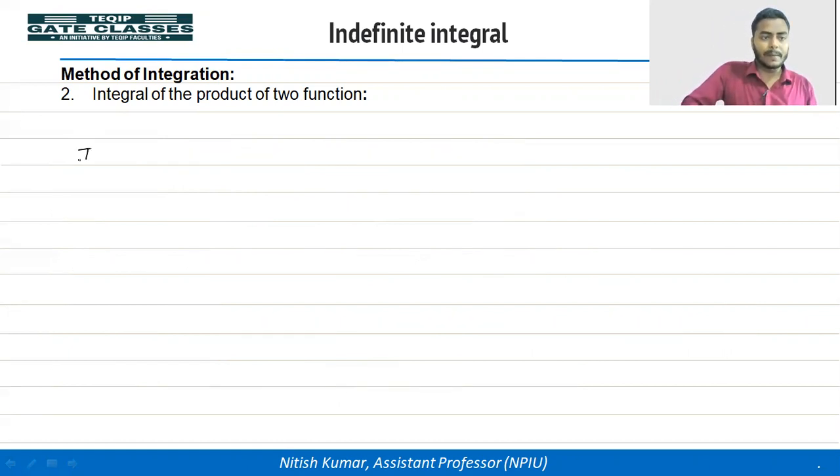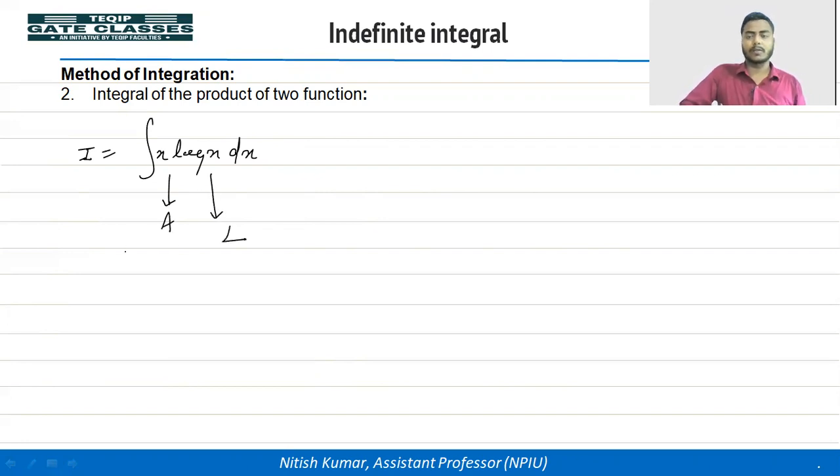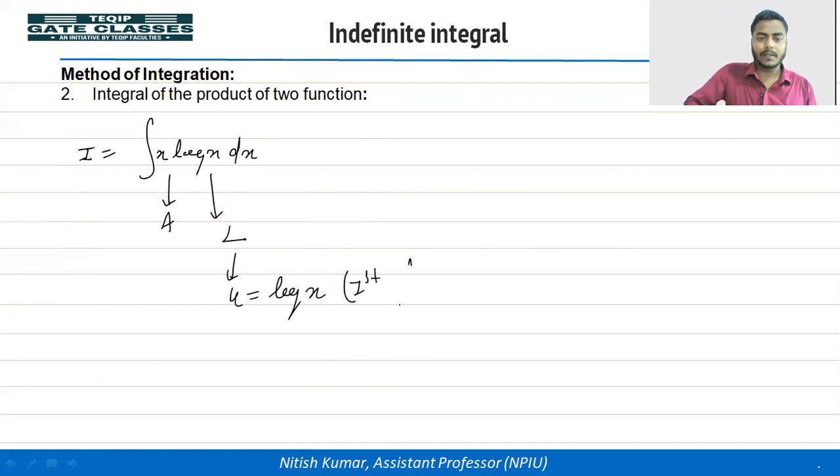We have to find the integration of x into log x with respect to x. See, this function is algebraic, this function is logarithmic. So according to the Euler rule, u is equal to log x, the first function.